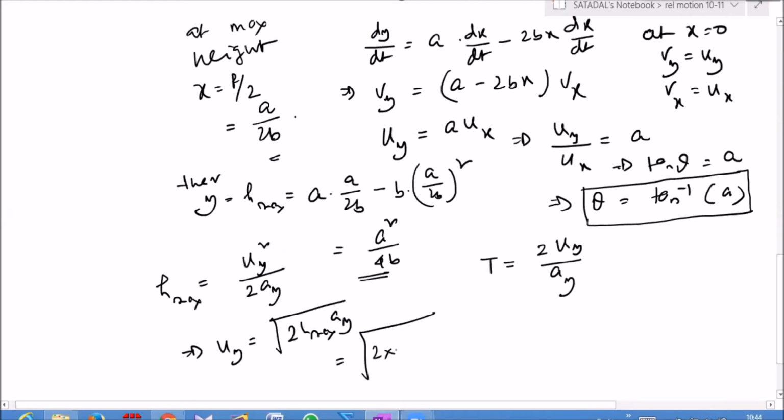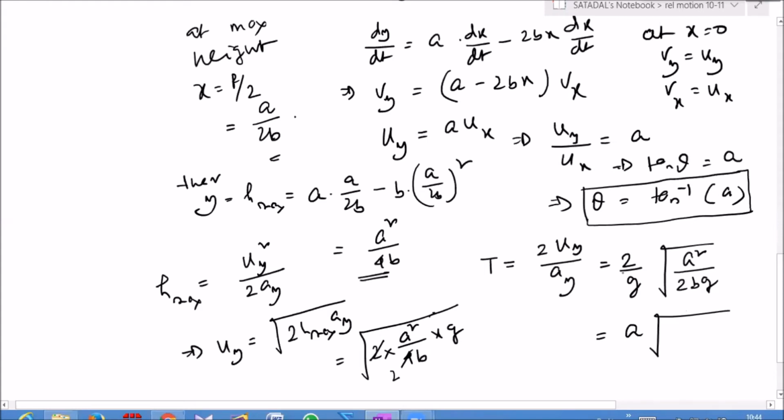So what is that? 2 into A square by 4B, that into G. So let us substitute this here. So 2 by G root under of, this 2 will be cancelled. So we can write A square by 2BG. Put A outside and 2 inside. If these two go inside, then how much is this coming? This is coming to be 4. And I'm sorry, this G will come up.